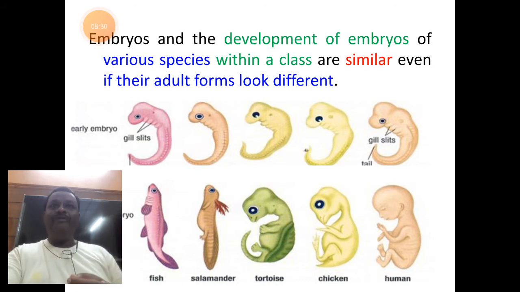This kind of examples will suit much for the evidences of embryology to support the concept of organic evolution. As in the picture down, as we have discussed earlier, the first row indicates the embryos of different classes of organisms, shows the similarities, whereas in their adult stage they look much different.